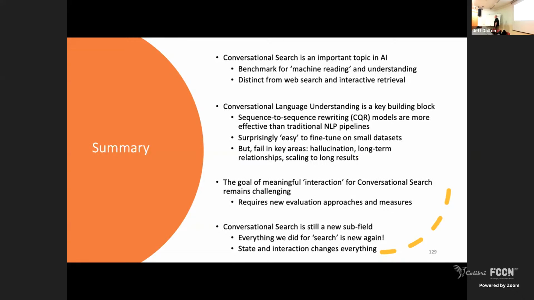It would usually be the current conversation, the previous utterance. Try to say utterance. I'm not always successful.